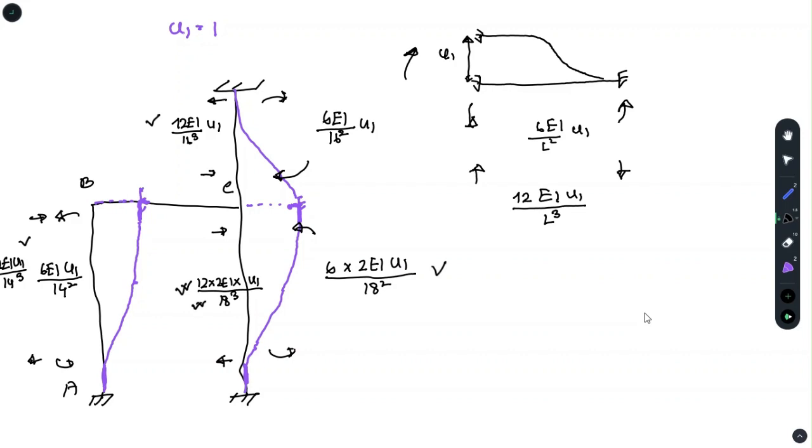This is our second reaction, and the direction is right directed, so it will be positive.